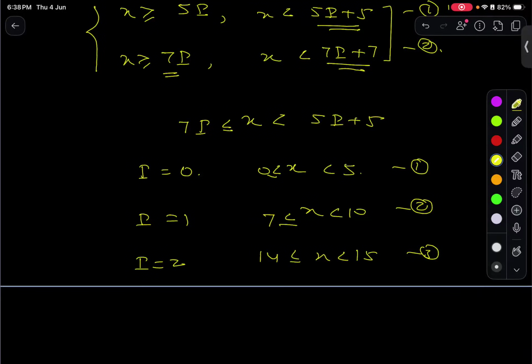So from the first one, I can say this is 0, 1, 2, 3, 4, so 5 values. For the second one, 7, 8, 9, right? 3 values. And the third, this one value. 5, 3, 8, 1, 9. Very, very, very good, everyone. Perfect. But this is the question. When we are observing this, what are all the values?